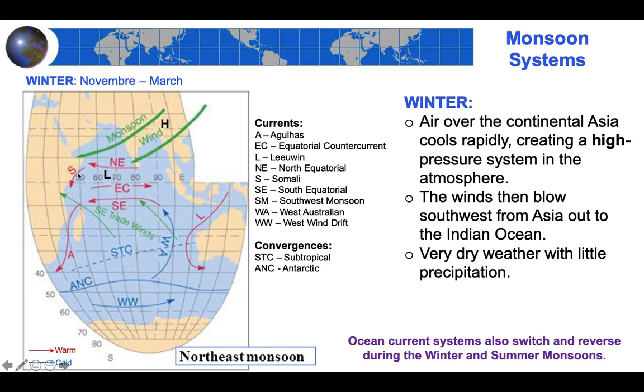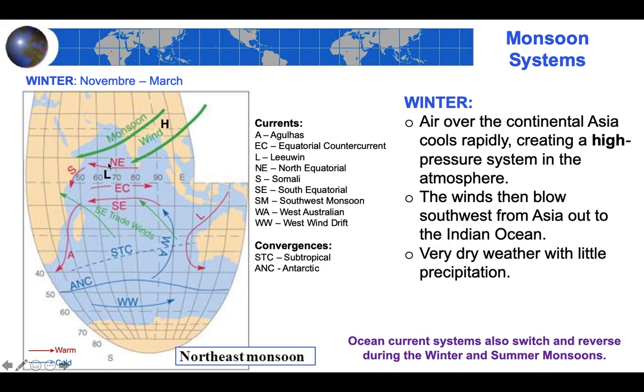So this is the Somali Current, which is very important for the people in Somalia, Saudi Arabia, and further south in Africa because of what this Somali Current normally does, that is upwelling.